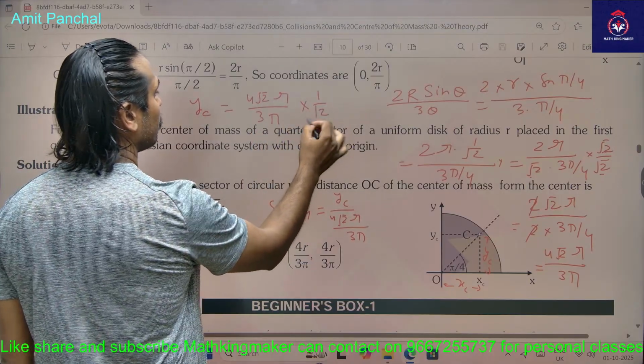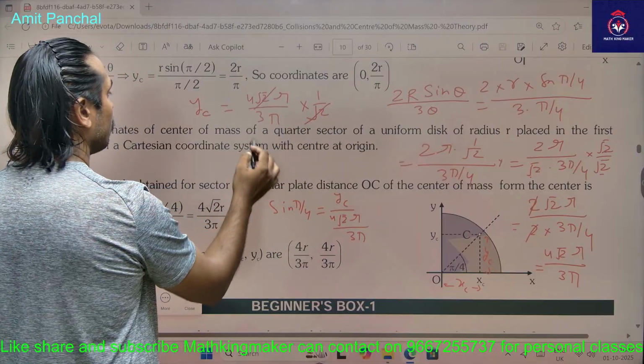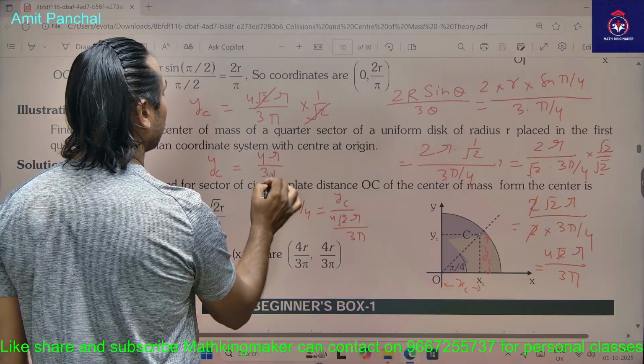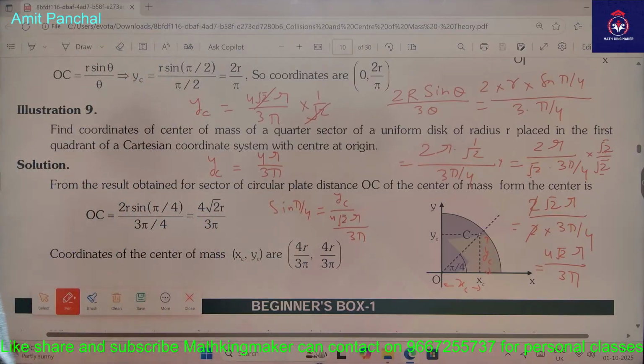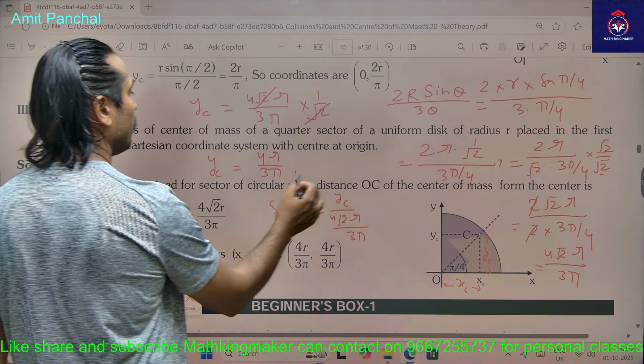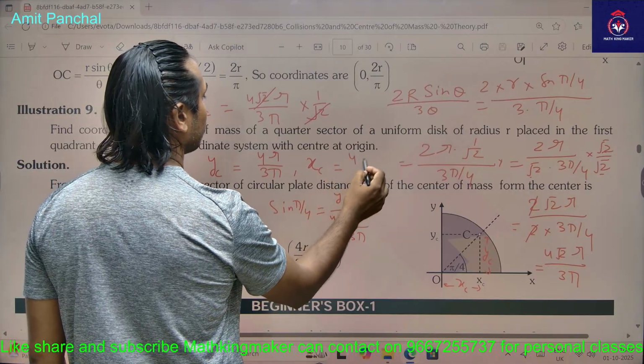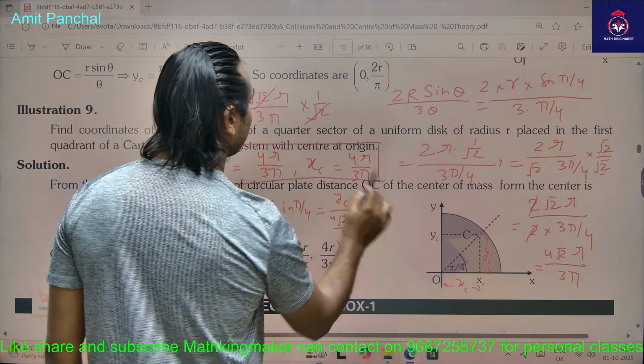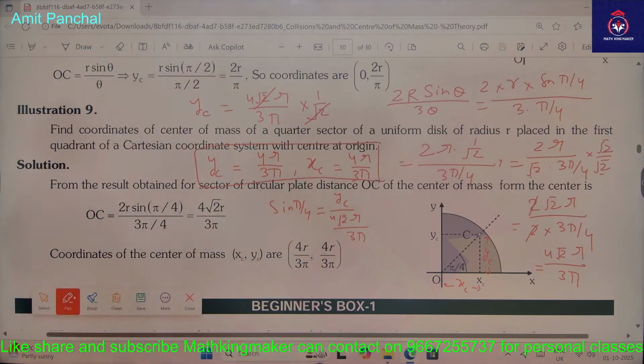Sine pi by 4 is 1 by root 2. Root 2 cancelled. So yc will be 4r by 3 pi. Isn't it? Similarly, your xc will also be given as 4r by 3 pi. Got it or not?